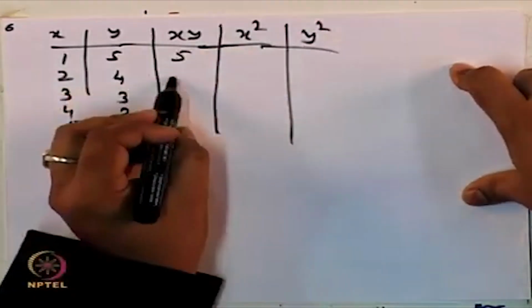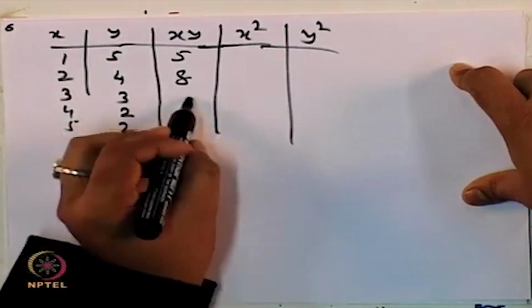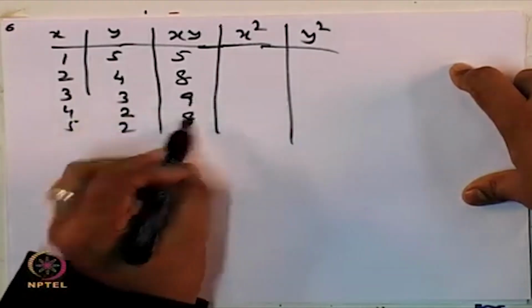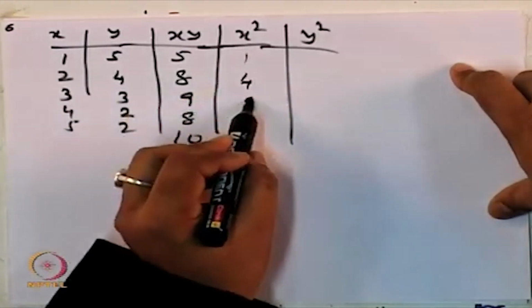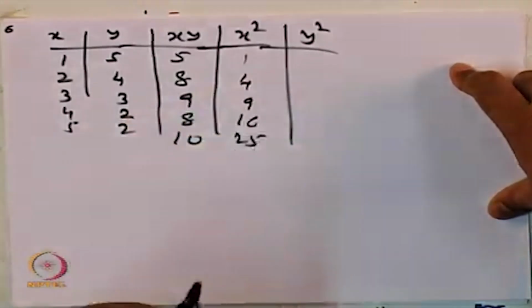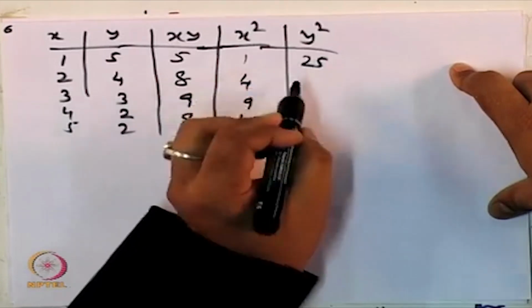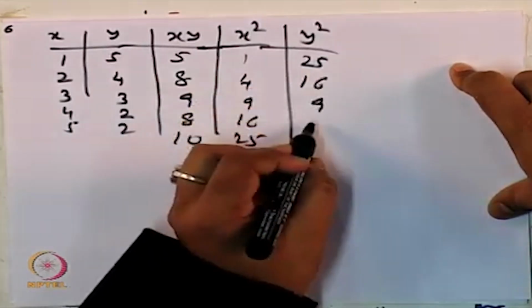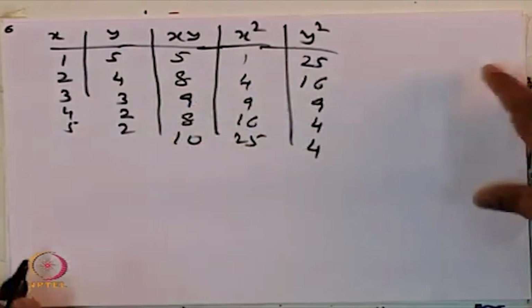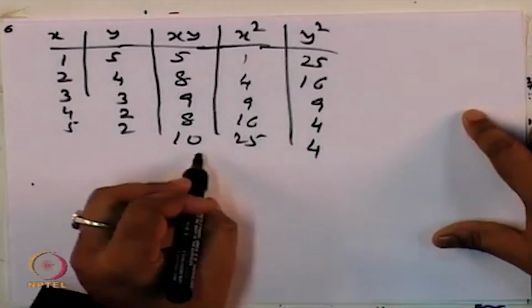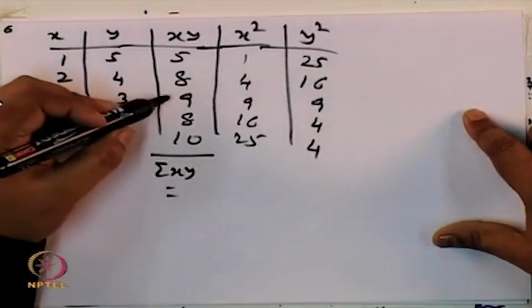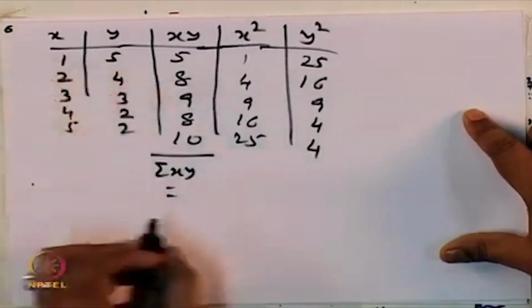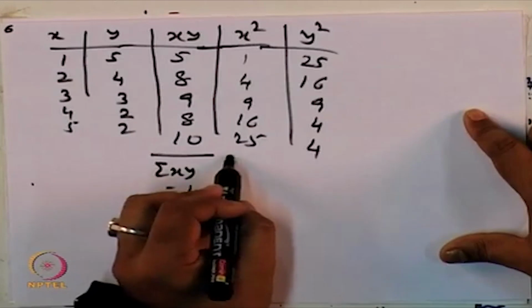I can calculate these values: 5, 8, 9, 8, 10, and x square 1, 4, 9, 16, 25, and y square 25, 16, 9, 4, 4. Okay. So, summation of x y is equal to 27 plus 13, 40.